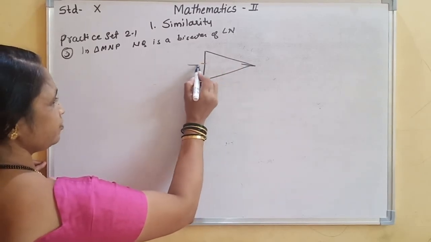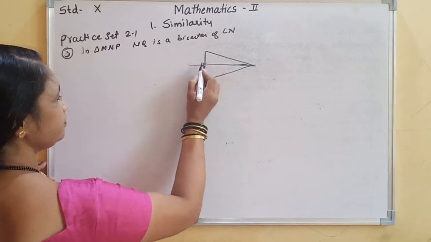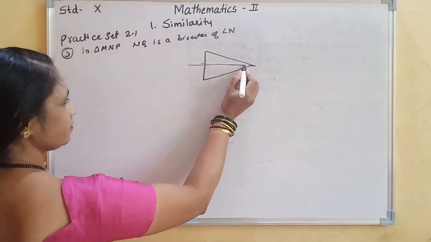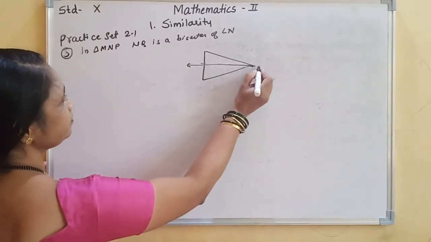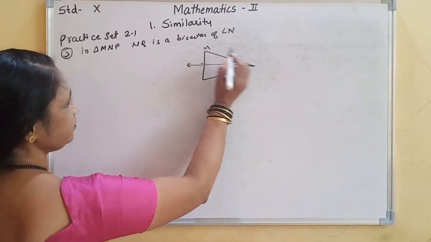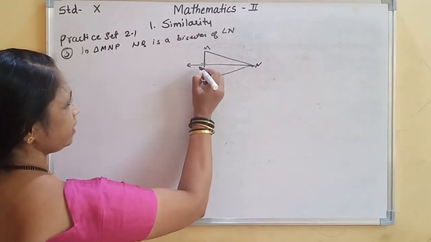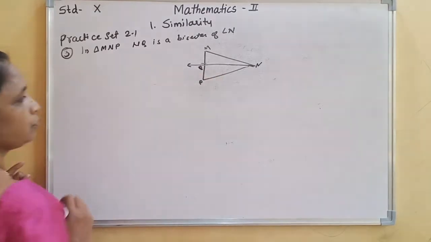The bisector must look like this. M, N, P. It is Q.